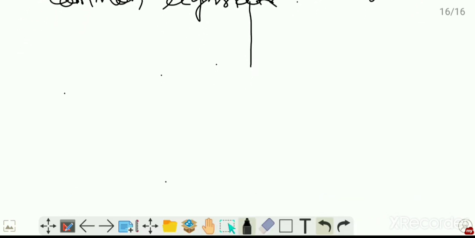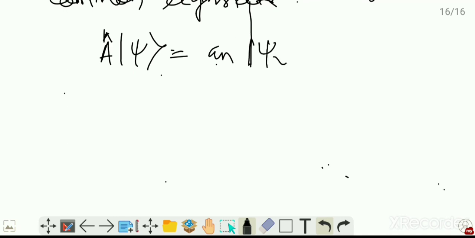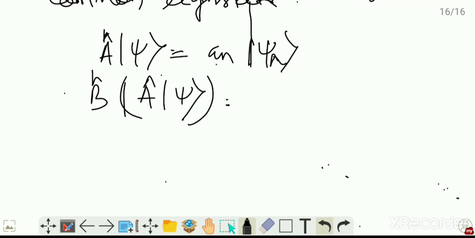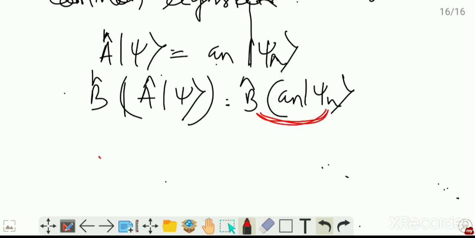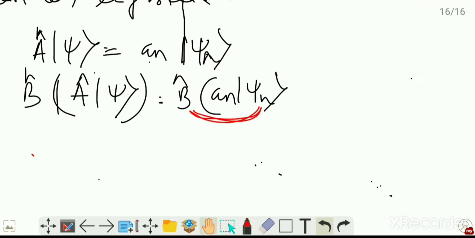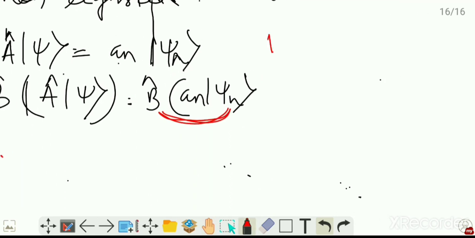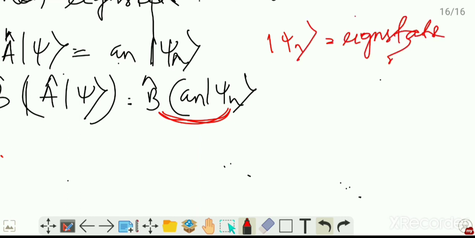Then what will happen when A cap operates on psi? It will give an and psi of n. And when B cap operates on A cap psi, that is B cap operating on an and psi of n, here psi of n is also an eigenstate of B cap.